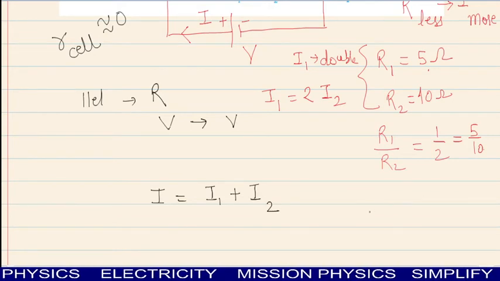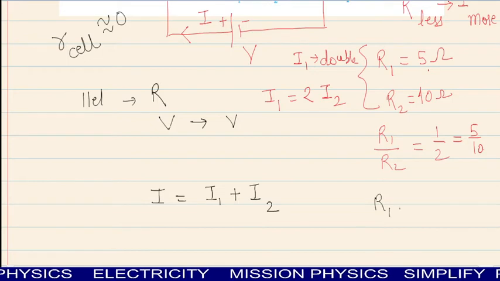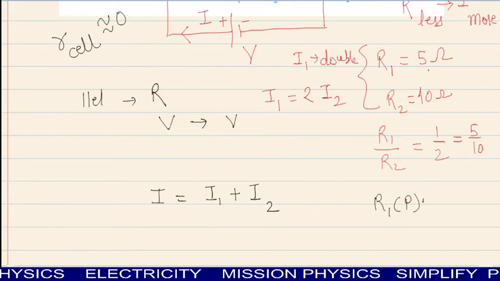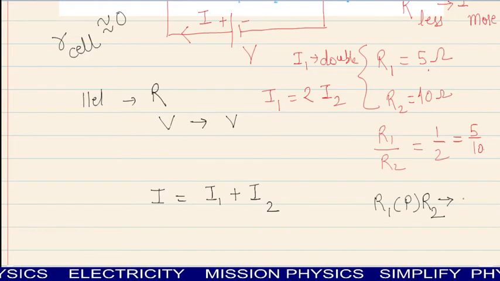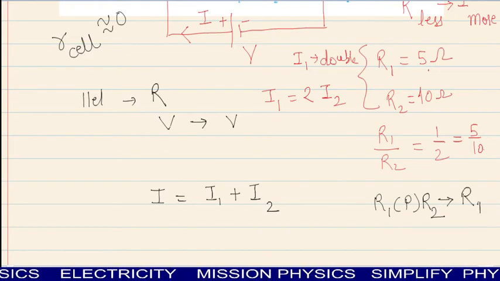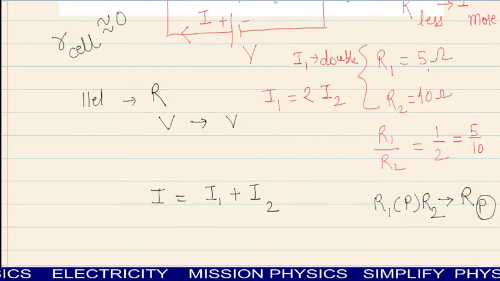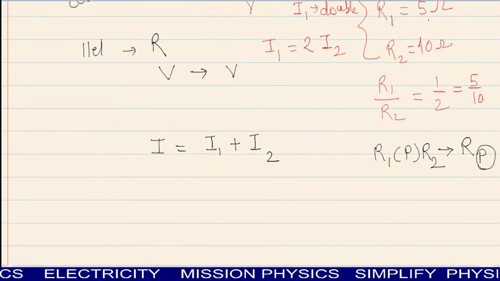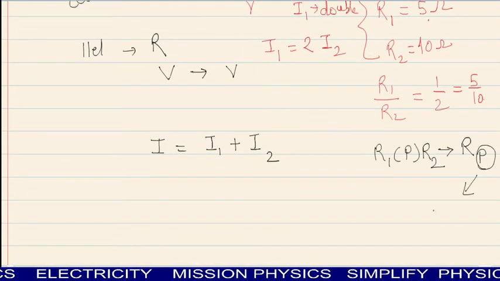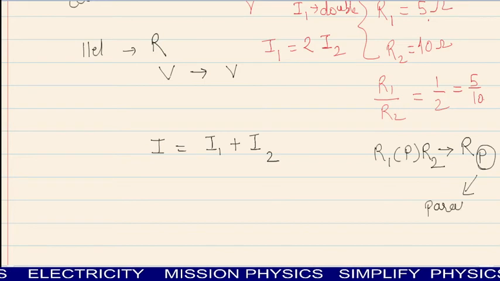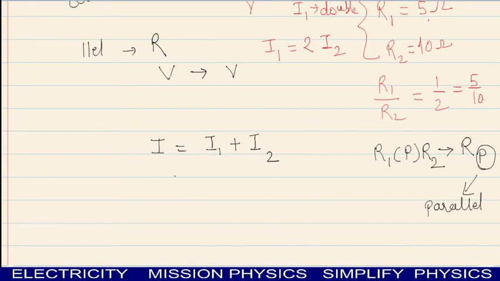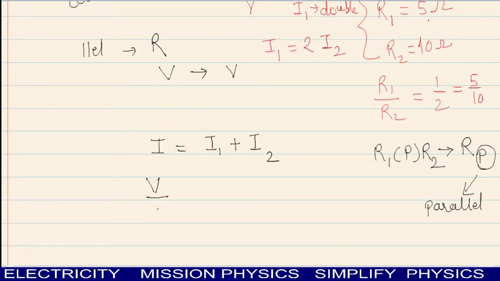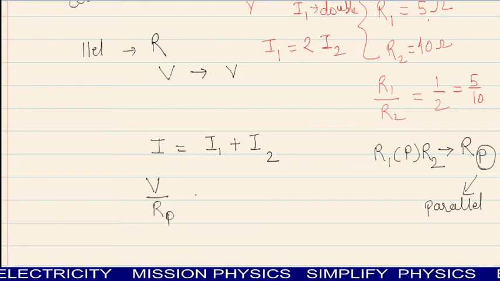अब हम मान लेते हैं कि R1 को R2 के साथ पैरेलल में लगाने पर एक इक्विवेलेंट रेजिस्टेंस Rp मिला, where P stands for the mode of combination, that is P for parallel. सो I के प्लेस पर आपने ओम्स लॉ से लिखा V अपॉन Rp.